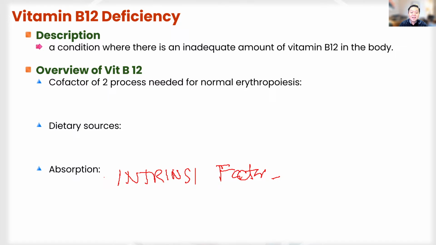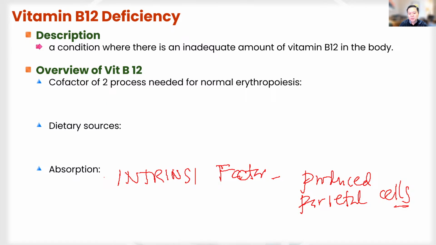It's a glycoprotein, rather, produced by the parietal cells of the stomach. And this is going to be important, really, in the absorption. So please don't forget about the intrinsic factor.